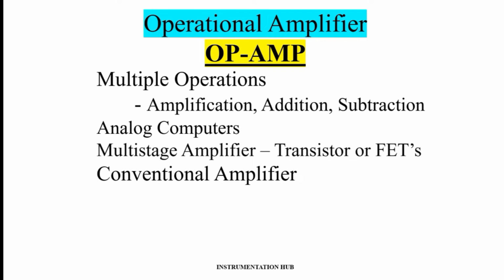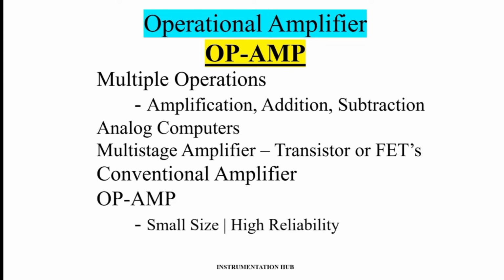These internal amplifiers use transistors or FETs as the amplifying device. Initially there was the conventional amplifier, but the operational amplifier has many advantages over these conventional amplifiers. It has a smaller size, its reliability is higher than the conventional amplifiers, and reduced cost as compared to the discrete circuits which were used before.